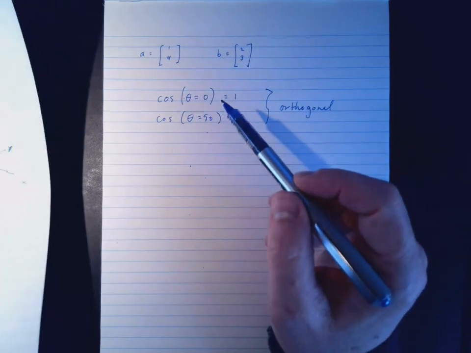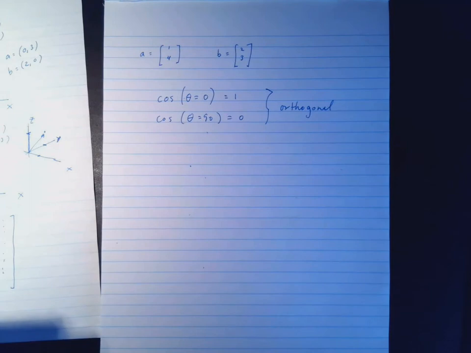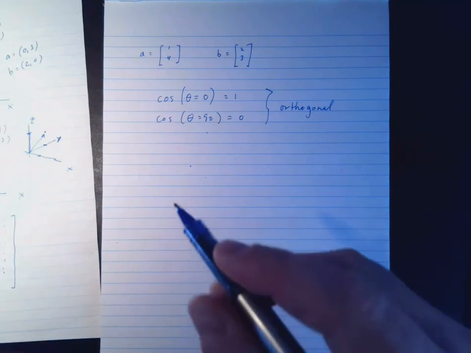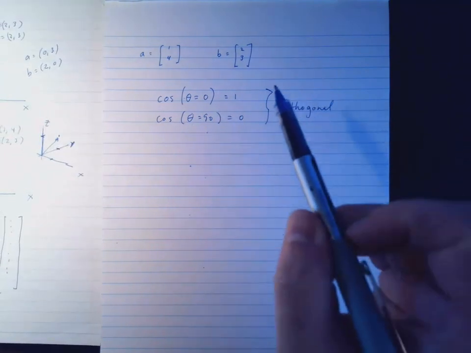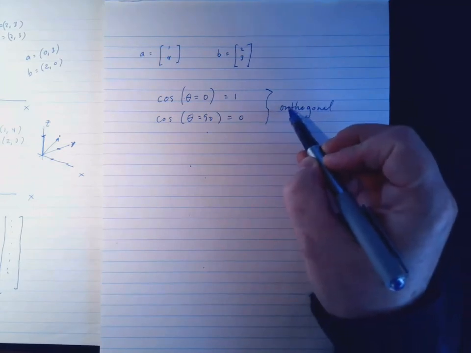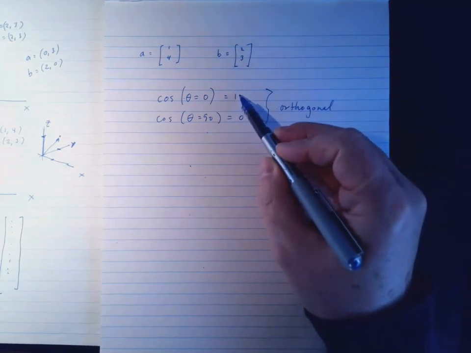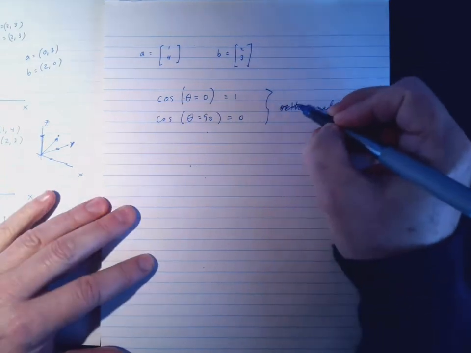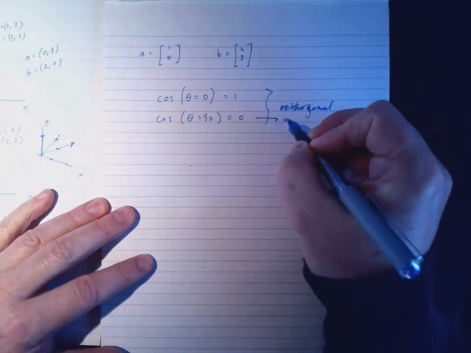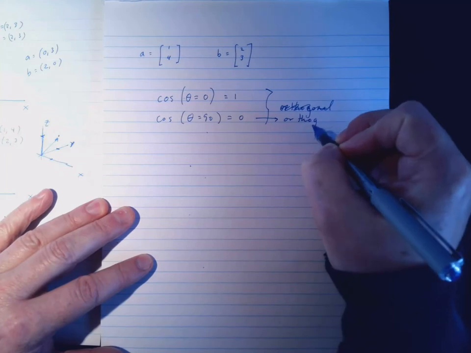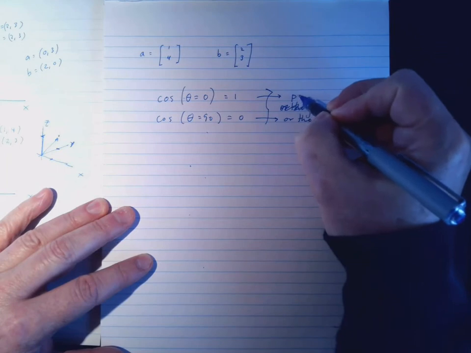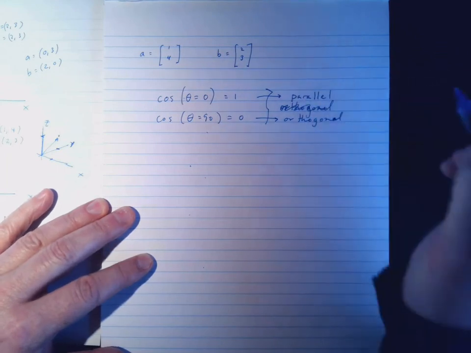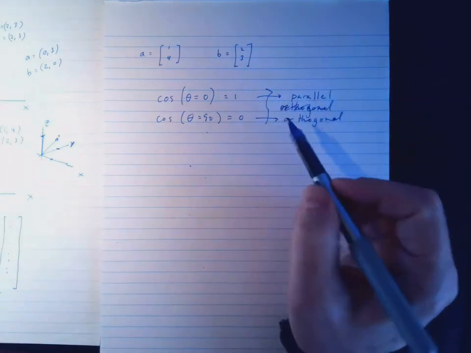And more specifically, we mean if you could picture the vectors in space, the vectors are at right angles to each other. So orthogonal does not correspond to this one. This is orthogonal. This is parallel. So the lines are parallel.